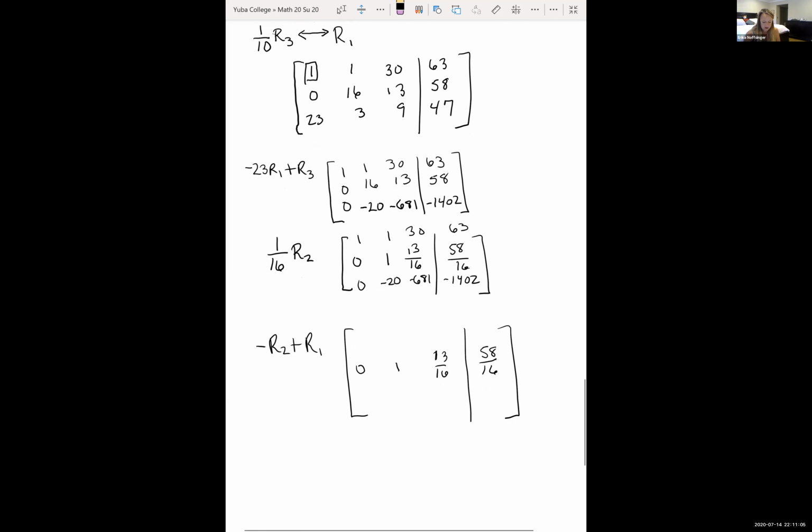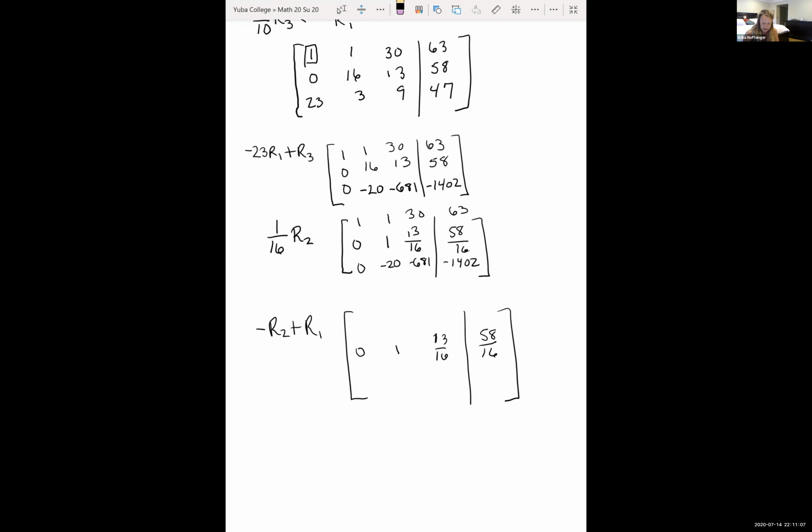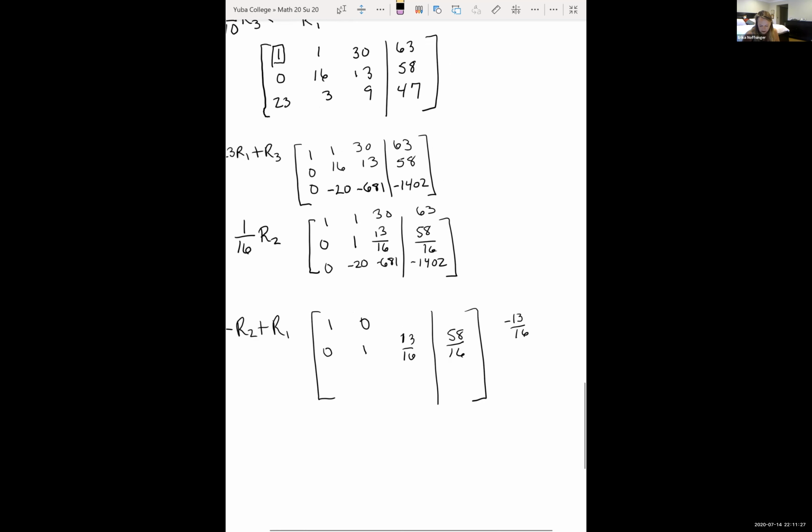Okay, so 0 plus 1 is 1, negative 1 plus 1 is 0. This is where it's going to get messy. So this is going to be a negative 13 over 16. Where am I going to put it? Negative 13 over 16. I'm going to need to add it to 30, but I need a common denominator.